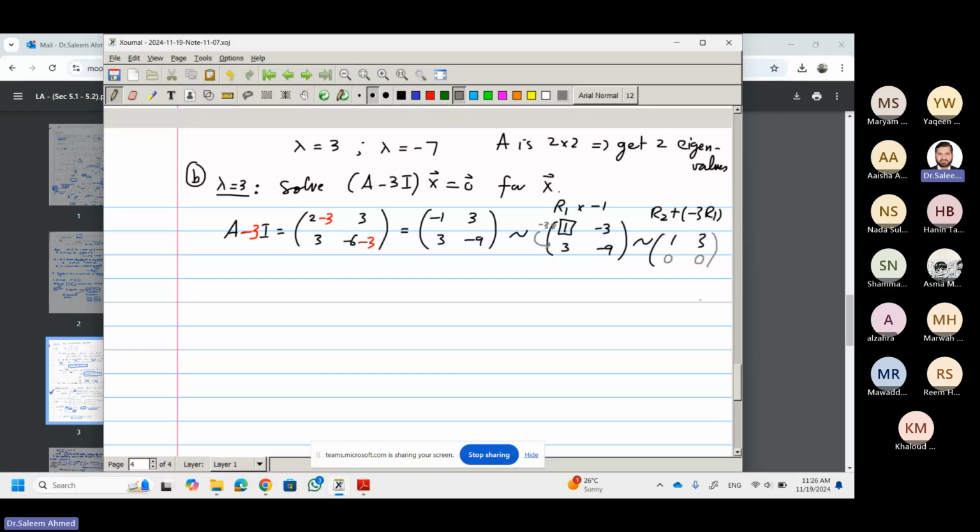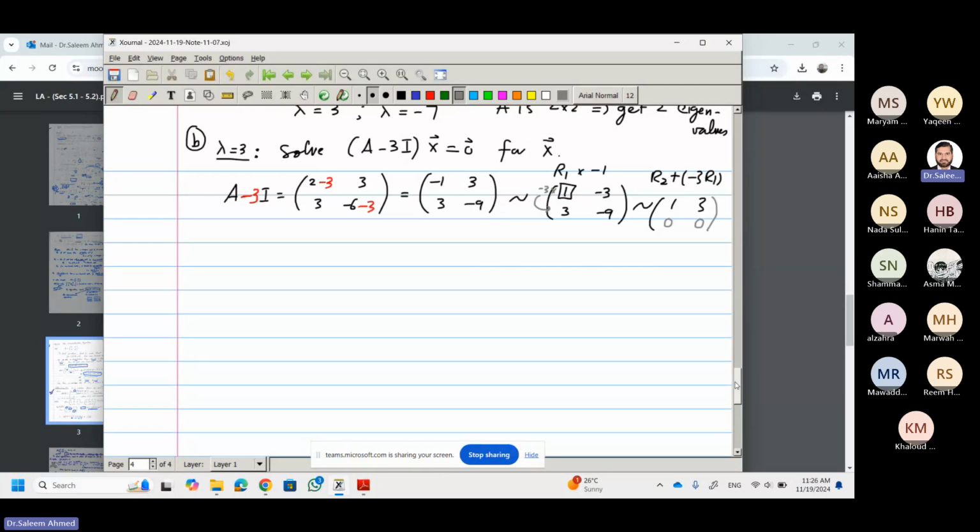Of course, one of the rows has to become 0, otherwise you don't get a non-trivial solution. At least one row will always become 0 here. If it's a 3 by 3 matrix, maybe two rows become 0. We don't know that.